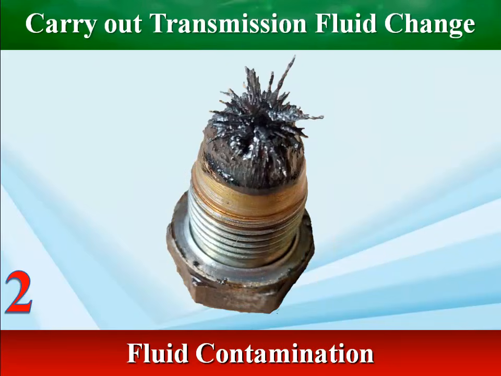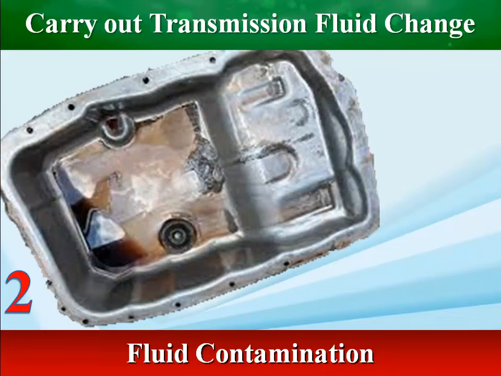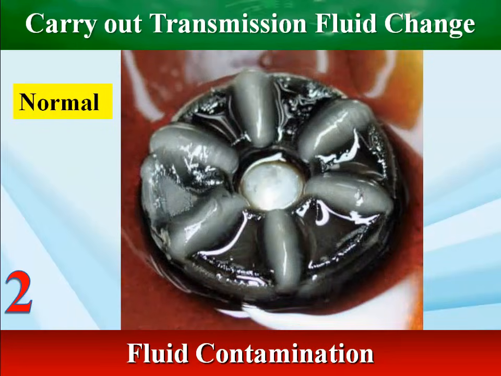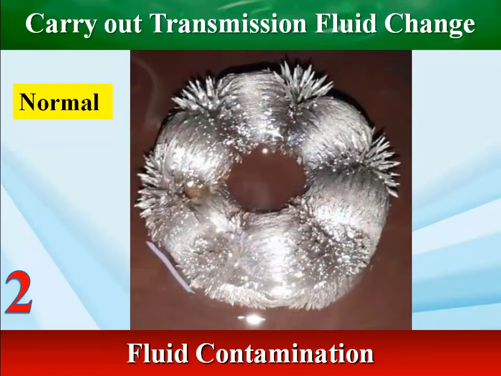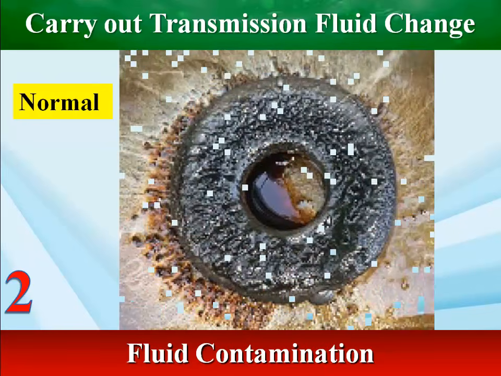Metal particles in automatic transmission fluid can indicate normal wear, but also point to potential component damage. Fine particles may be normal, but larger shavings or chunks are a sign of more serious wear or failure within the transmission.